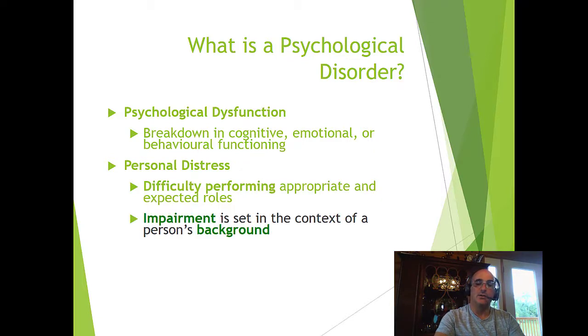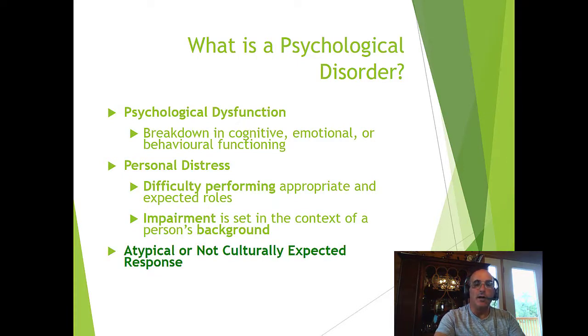They're having a difficult time in their daily activities of life, in their social, emotional, peer relationships, work relationships, and school relationships. An impairment is set in the context of a person's background. So depending on the person and their experiences, their own impairment is contextual to them and their own experience.